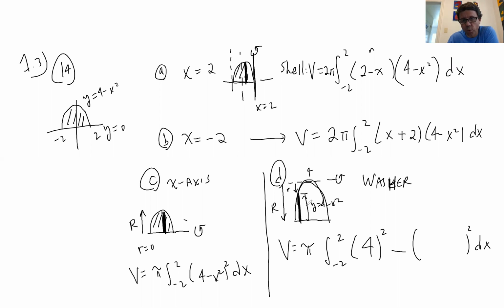So if you go 4 up, subtract off that piece, you'll get the little r. So if you subtract 4 minus the 4 minus x squared, that will give you that little r distance there.